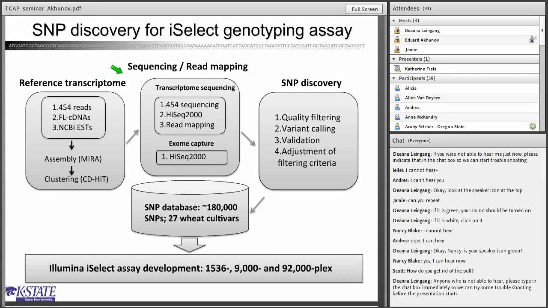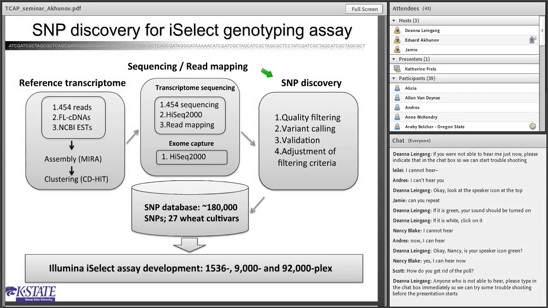Then the second step involved in SNP discovery is sequencing of multiple number of accessions, followed by alignment of this sequence data to the reference transcriptome using various types of software.